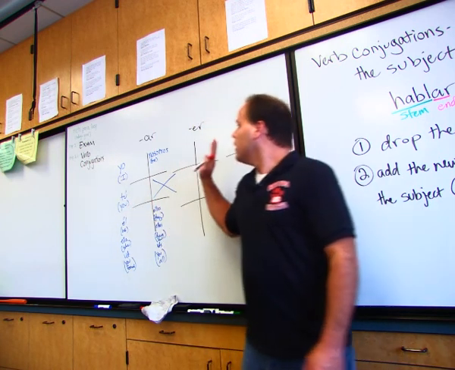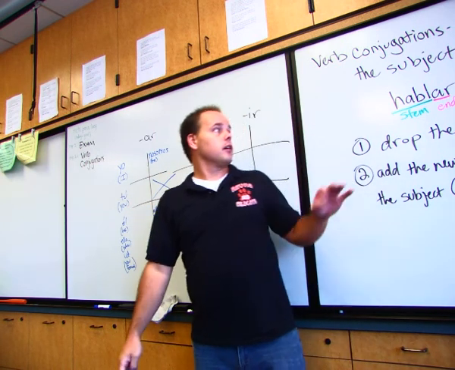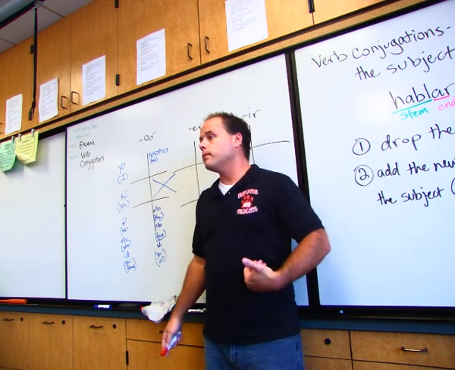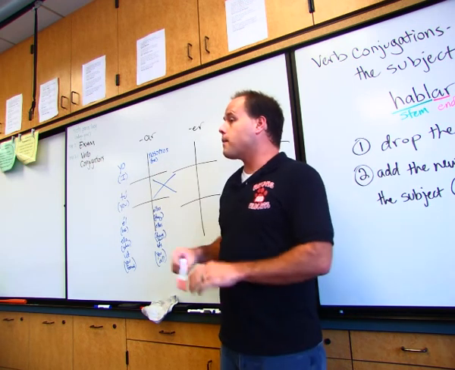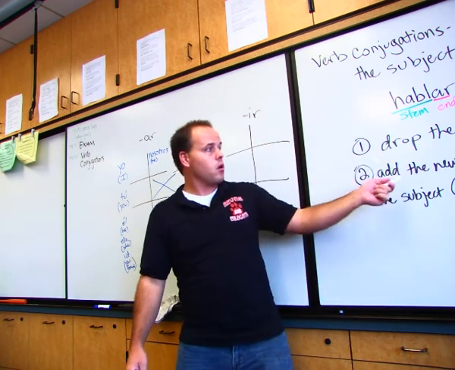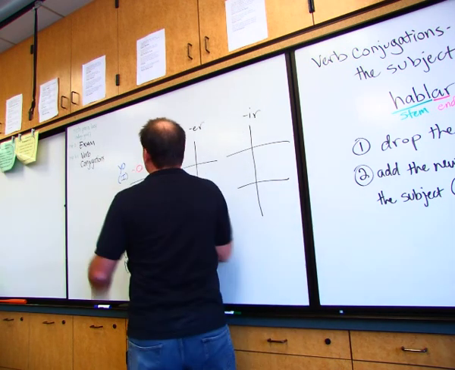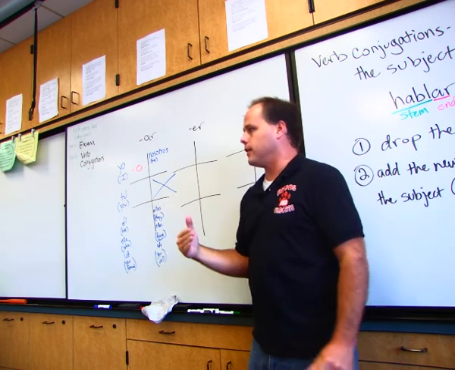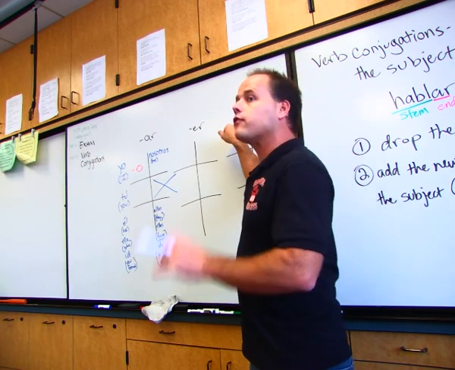Now, when it comes to actually using the endings, if we have an AR verb, like we do here, and we want to conjugate it in the yo form, so instead of saying to speak, we're saying I speak, we drop the AR, because that's our first step. What's the new ending we add? The letter O. Now, the lines here show that it's at the end of a word, or it's a suffix. I point that out because this shows it's the end of an IR verb, not the verb ir.